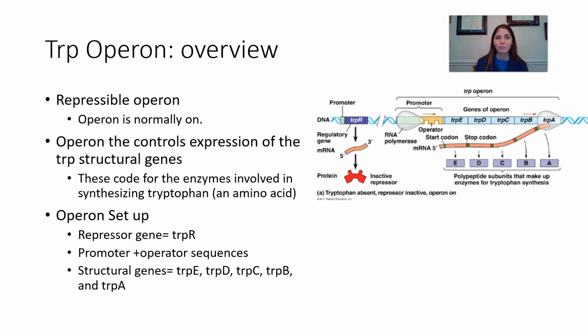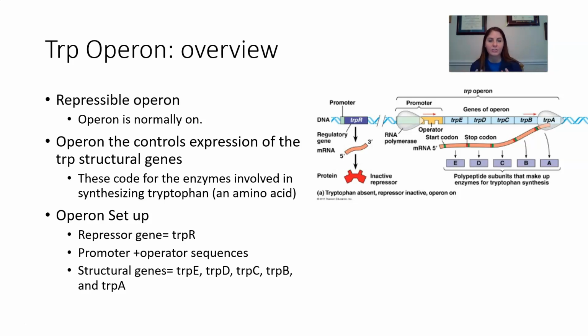So you may have heard of tryptophan around Thanksgiving time when you're eating a lot of turkey because it's high in tryptophan. Well, tryptophan is actually an essential amino acid that we need to use in our body constantly. So our body is constantly synthesizing tryptophan.